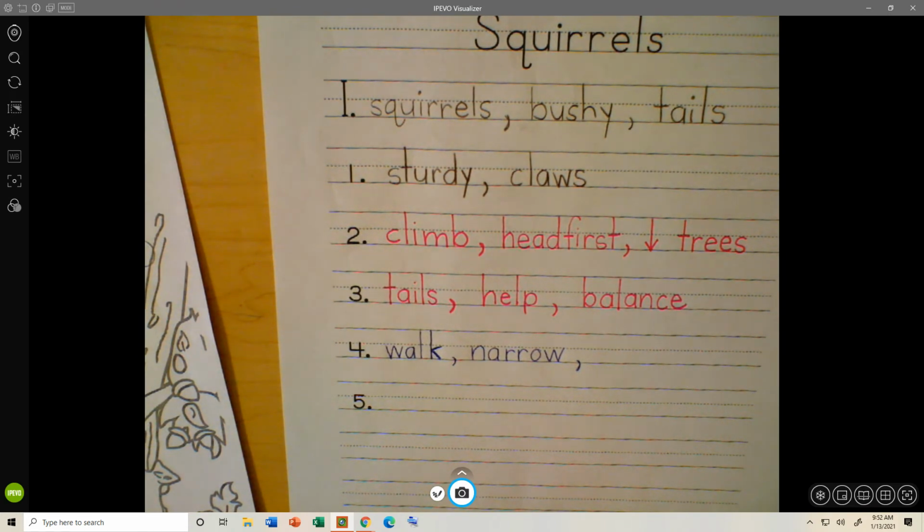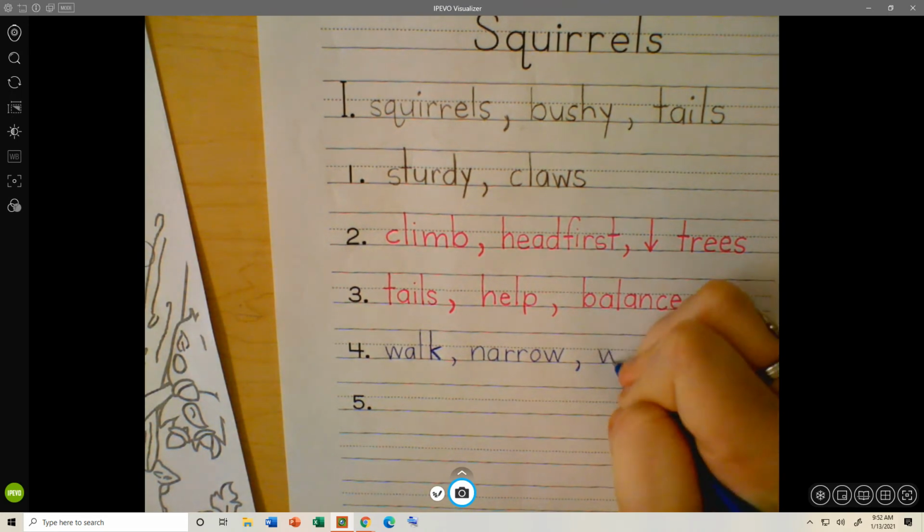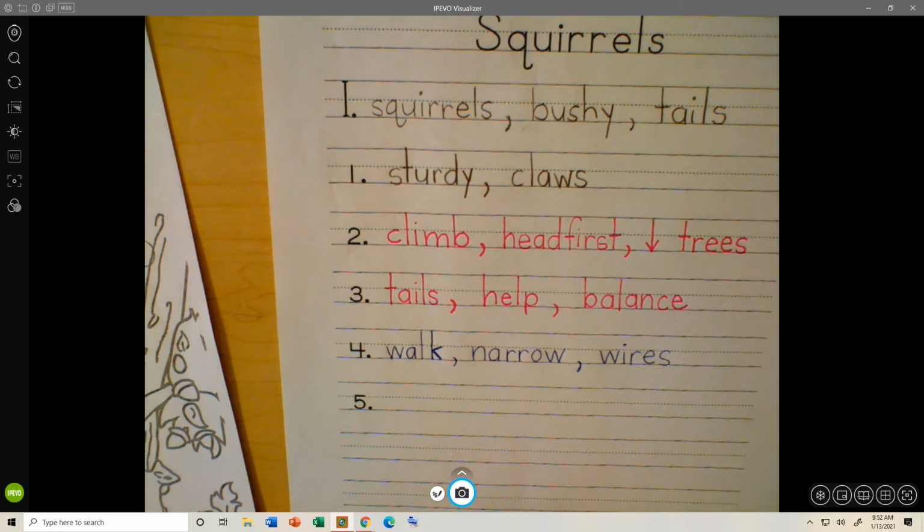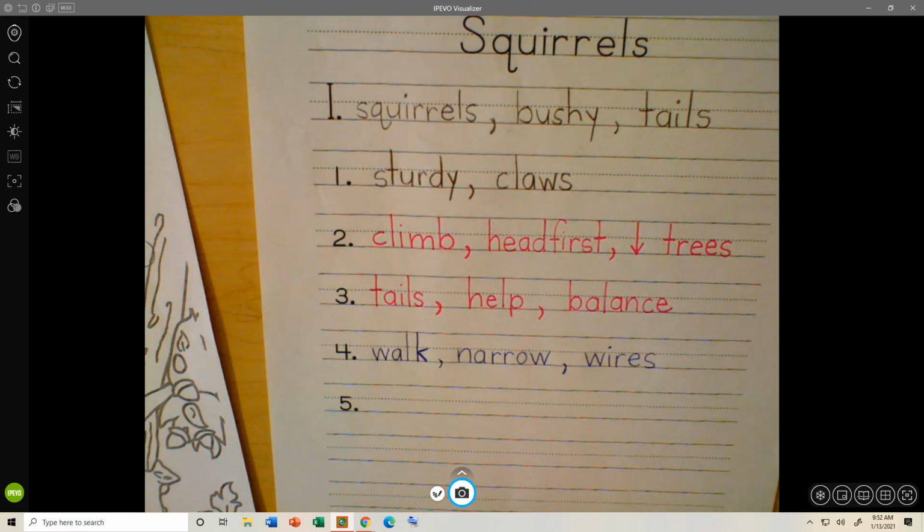It says wires and fences. Do we need to write both? No. What could we draw, a little symbol for a fence that would help us remember it? Yeah, probably. So let's do that. Let's add wires, because we want them to know that they can walk on narrow wires.